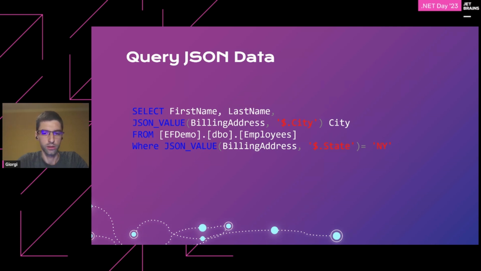So with this where statement, SQL Server will only return those rows that have state equal to New York. So there is no additional filtering. All the filtering is done by SQL Server in the database.